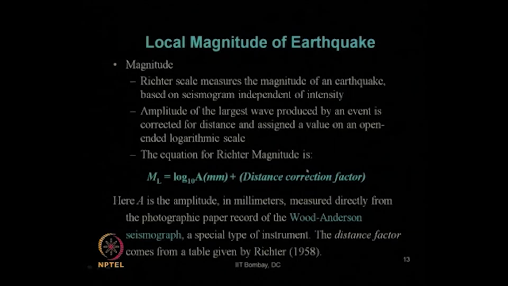The equation for the Richter magnitude is given by this expression: ML, local magnitude or Richter magnitude, is log to the base 10 of A in terms of millimeter.